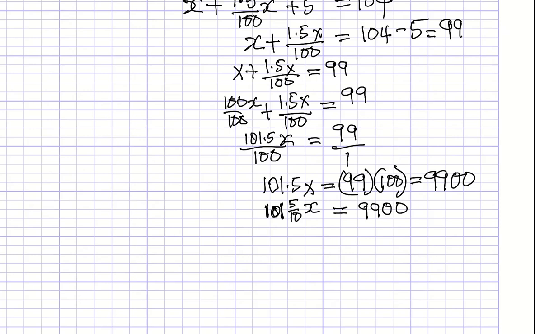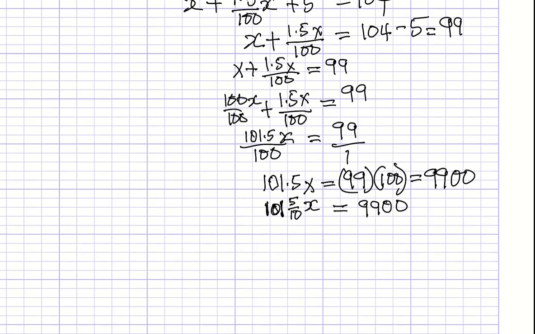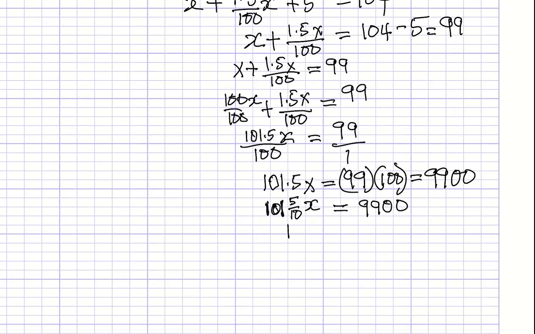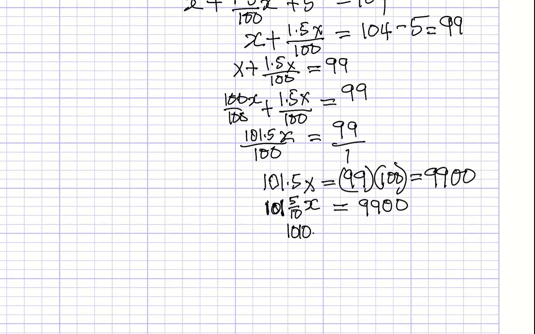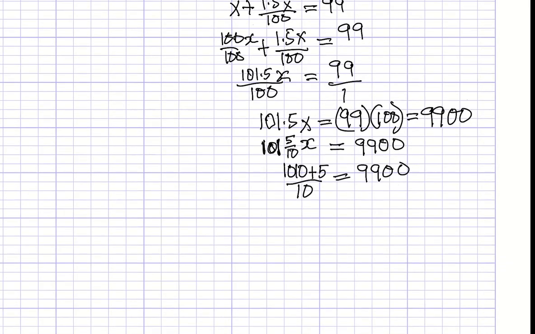You add 5 to it, it's 1015. Hang on a minute, I don't want to confuse you. If you multiply that out, you have 1, and then you have 10 here, just add a 0 and then plus 5, all over 10, times x equals 9900, right?